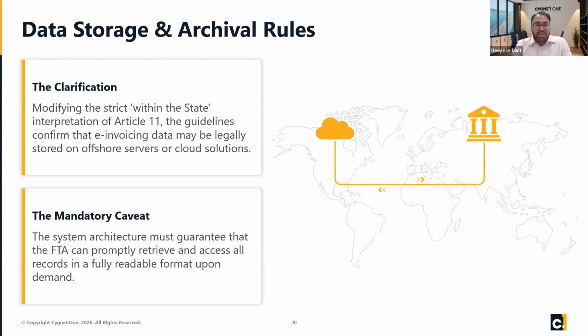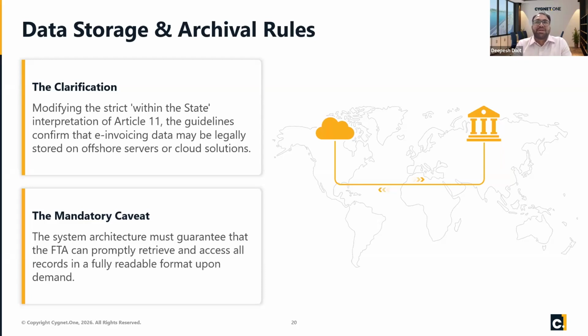And again, it is a requirement that the system architecture must guarantee that the FTA can promptly retrieve and access all records in fully readable format upon demand. Earlier there was news in the market that in case FTA asks for any audit in future, they would be asking for the XMLs only.